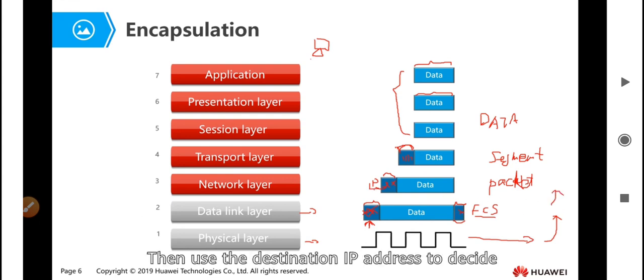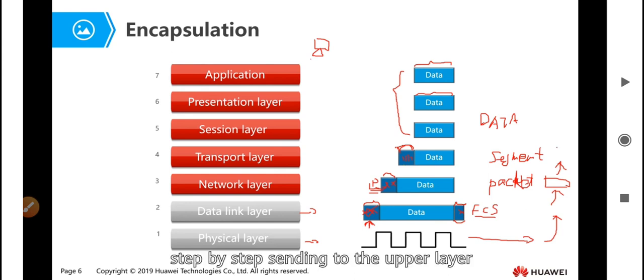Then the destination IP address is used to decide if I should receive, and then it's sent to the transport layer. Okay, then step by step it's sent to the upper layer, and then shows the user the appearance, for example, the pictures.